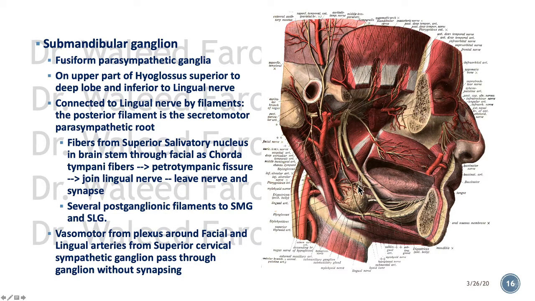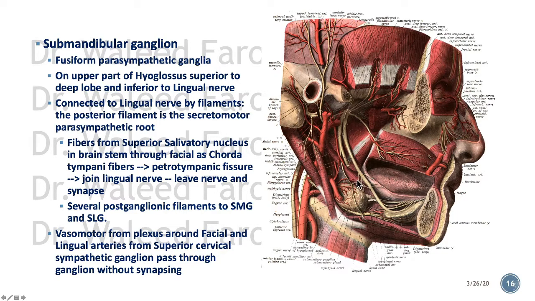Now the posterior filament you see is the chorda tympani going to the ganglion to synapse there. And postganglionic fibers arise and make the rest of the filaments. See? Some of them go with the nerve to be distributed to their targets like the sublingual gland. Some of them go directly to the gland to supply it.